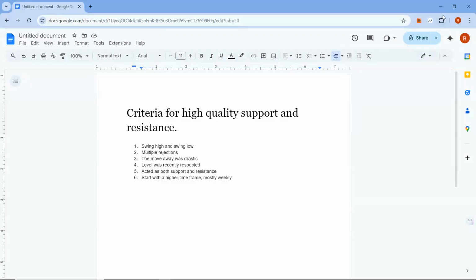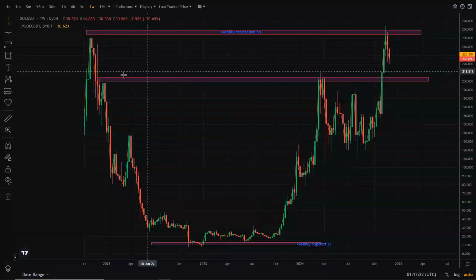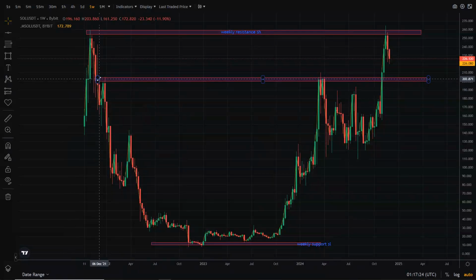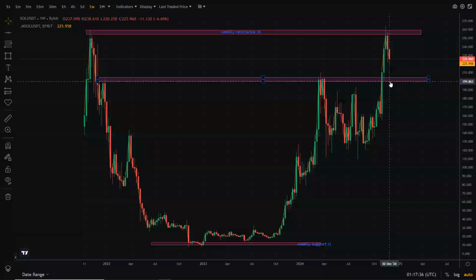Then multiple rejections. Let's go to number two all over again. Multiple rejections. All right. So we have a rejection here. One, two, three, four, five, six, seven, and eight. These are the multiple rejections that we get here. So the moment you see this multiple rejection, what's the next thing you understand?